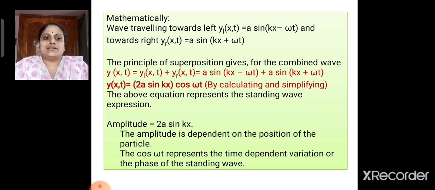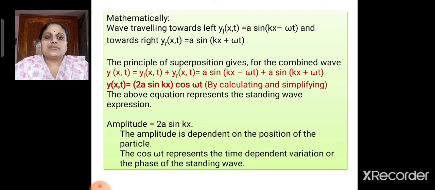by the mathematical formula for sin C plus sin D, we get y(x,t) = 2a sin kx cos omega t. In the above equation, there is no variation in the amplitude in the part cos omega t for a particular instant of time. Therefore, it represents a standing wave pattern.